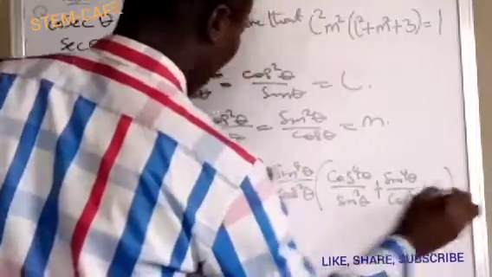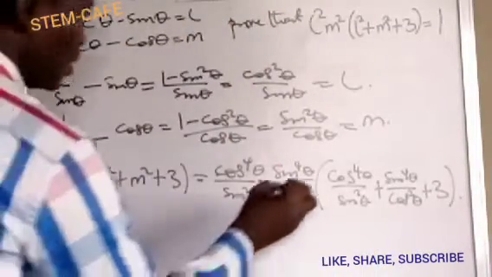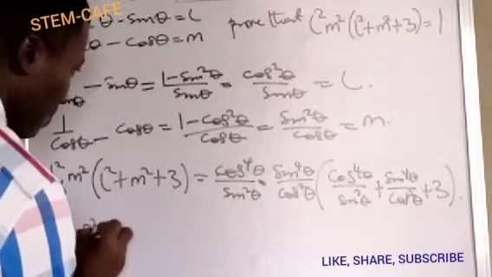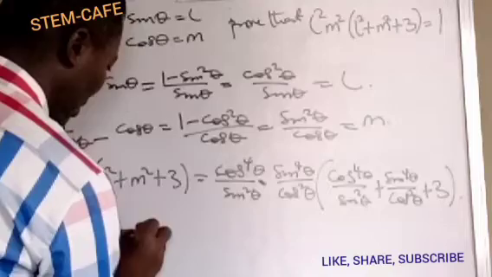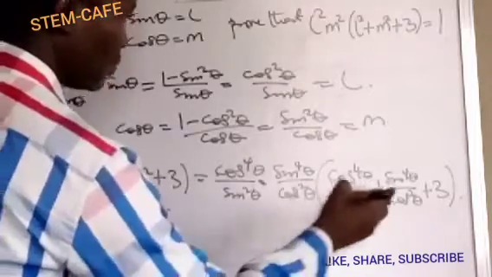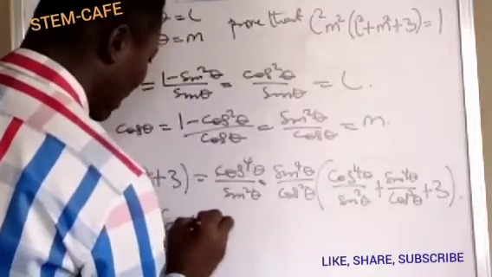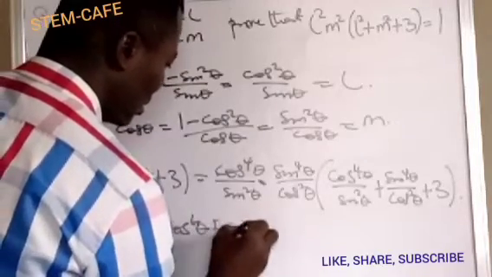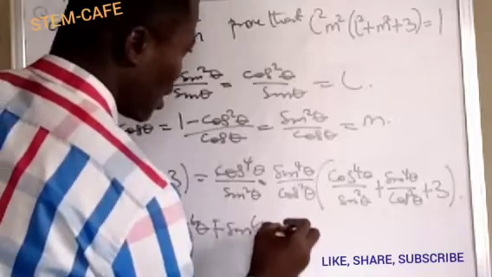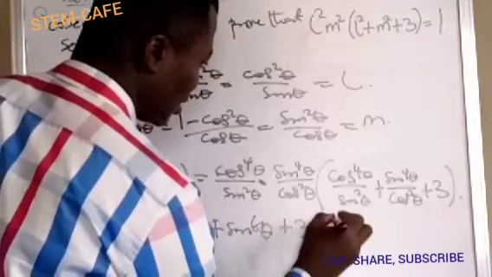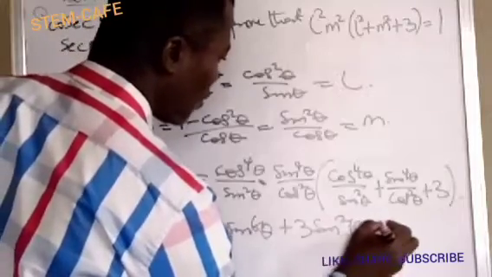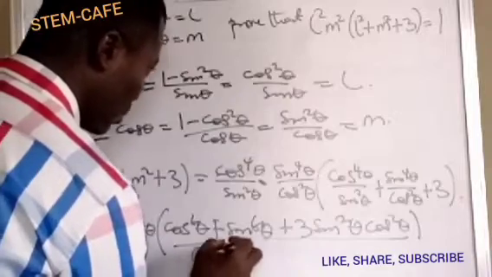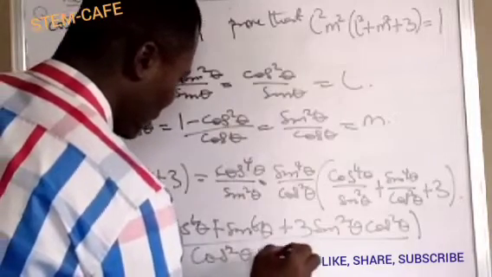plus 3. So this one will cancel this one, and I'm going to have cos squared theta sin squared theta into cos raised to power 6 theta plus sin raised to power 6 theta plus 3 sin squared theta cos squared theta, over cos squared theta sin squared theta.